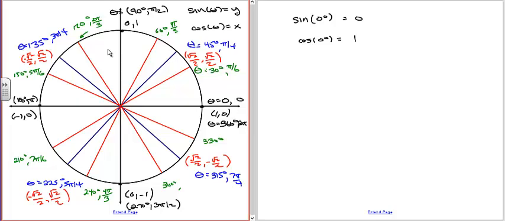So let's go back here. 1/6, 2/6, 3/6, 4/6, 5/6, 6/6, 7/6, 8/6, 9/6. 9/6 is 3/2. 10/6 is 5/3, so you get 5 pi over 3. Then 11/6, 11 pi over 6.